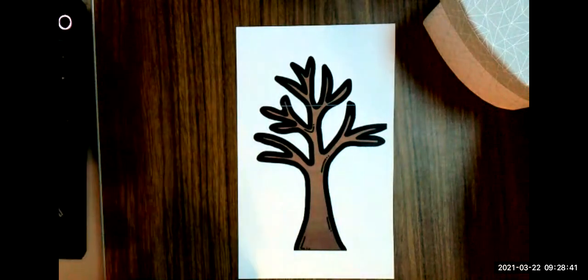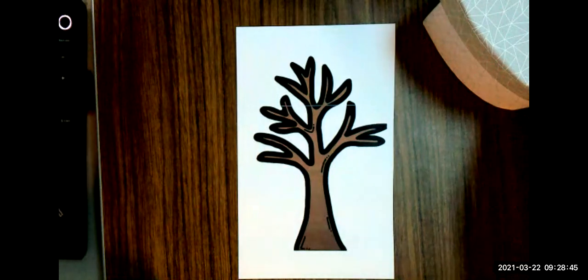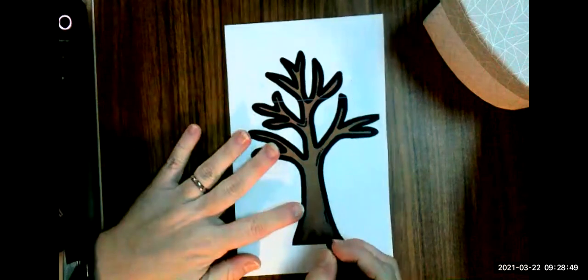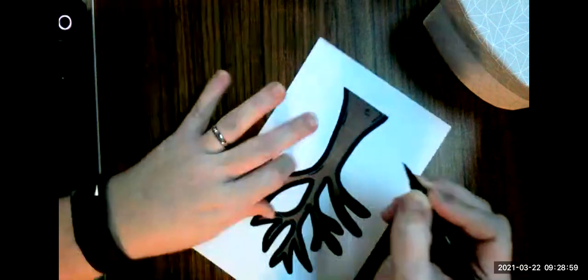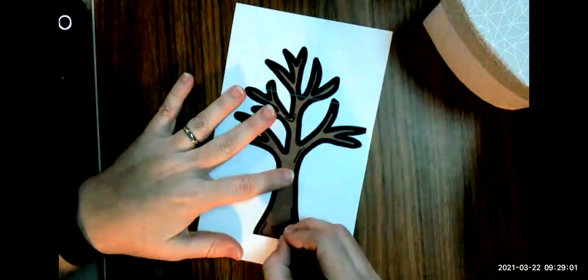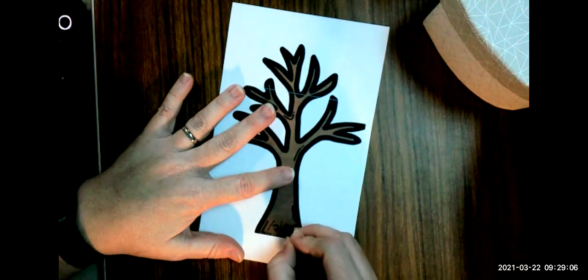All right, and here are our leaves. So we are going to need to put so it's the O sound.